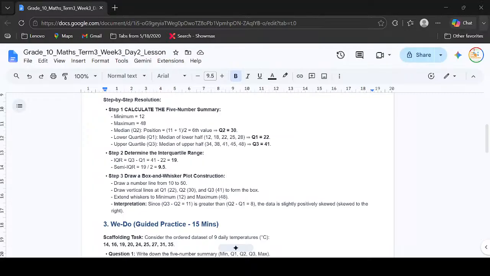Minimum, Q1, Q3, maximum in the sky. Q2 is the median, cutting down the middle. But watch the total count, here comes the riddle. Count the numbers up. Is it odd or is it even?